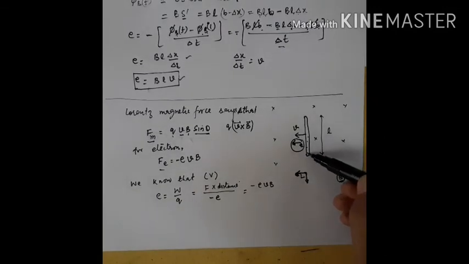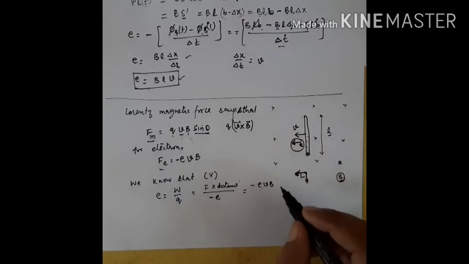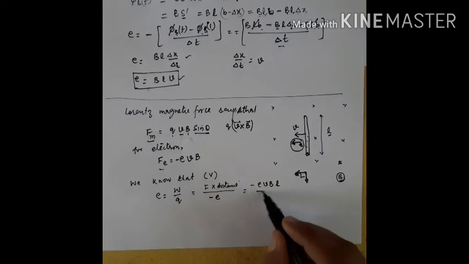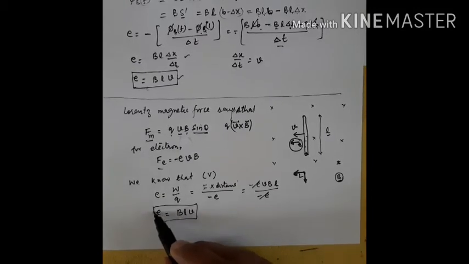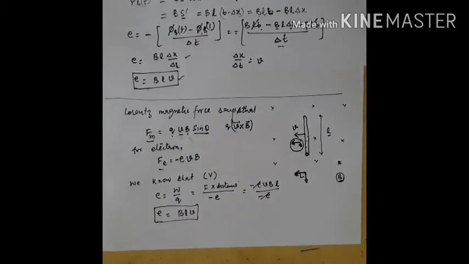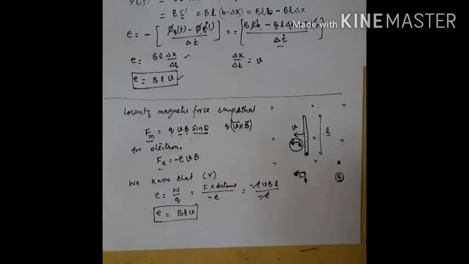If an electron is lying at one end, to travel the whole length it has to cover a distance L. So I write L divided by minus e. The minus e cancels out, so we are left with induced EMF equal to BLv. This is the induced EMF produced when this single rod is in motion in a magnetic field.